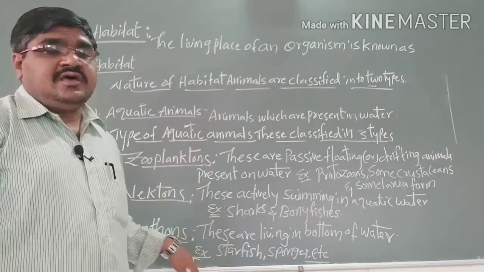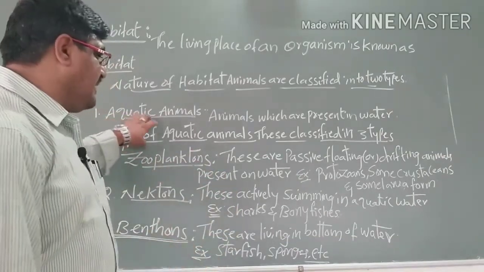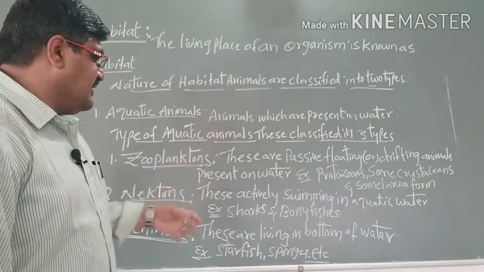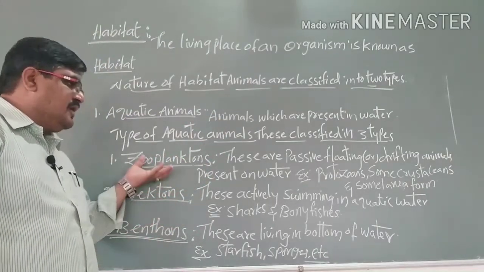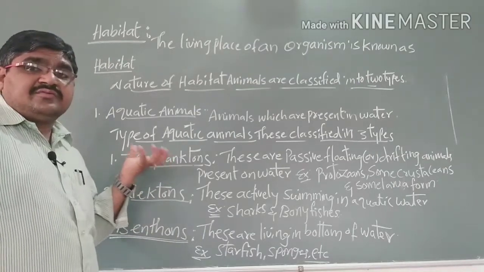So here, based on the type of aquatic animals, they are classified into three types: zooplanktons, nectons, and benthons. Zooplanktons are passively floating on the surface of the water.